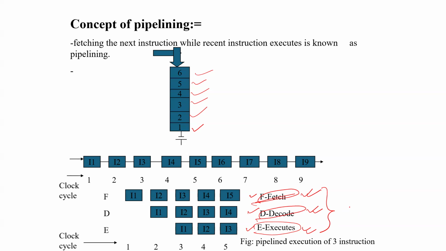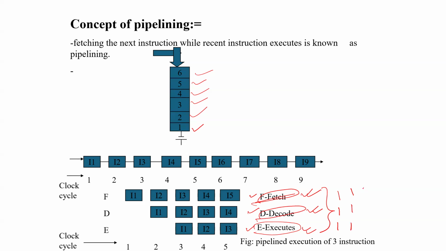After that, the next instruction came into the picture. That means one instruction went through fetch, decode, execute. After that, the next instruction went through fetch, decode, execute. But in the 8086 microprocessor, it does not happen like that.